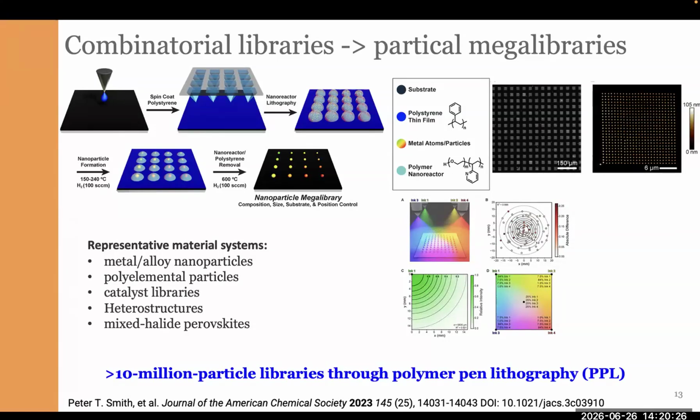You have spatial encoding, and due to that the density of information is much higher. They declare that they can create up to a 10 million particle library through such a polymer pen lithography approach. I should admit that I didn't find examples where it can be done on a substrate suitable for scanning transmission electron microscopy, but by the way, it looks like a promising approach.